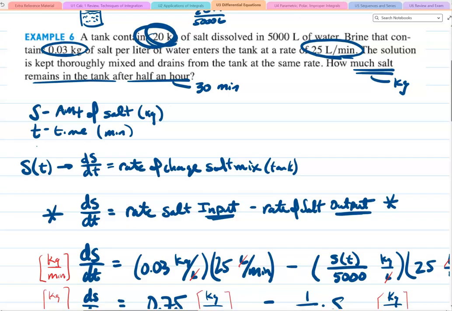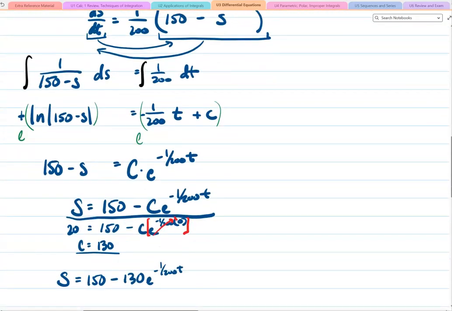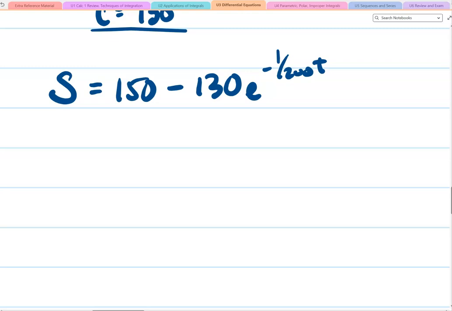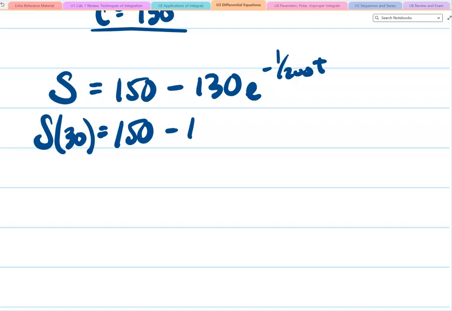How much salt remains in the tank after half of an hour? Well, we've got the initial conditions accounted for, so we have a starting point. If I want to find the amount of salt in the tank after half of an hour, keeping in mind that we did use minutes as our unit of time here, then we'll just change t to 30. And then evaluate this expression.